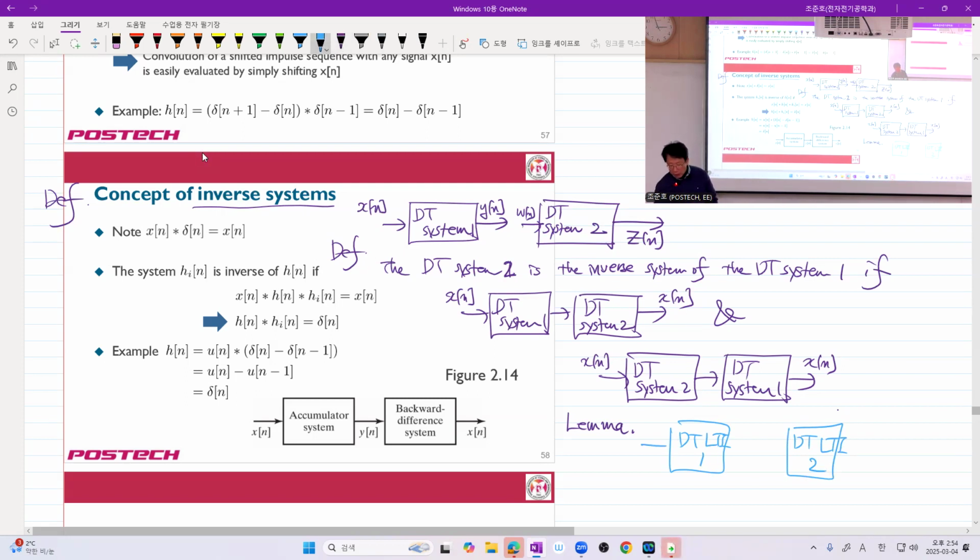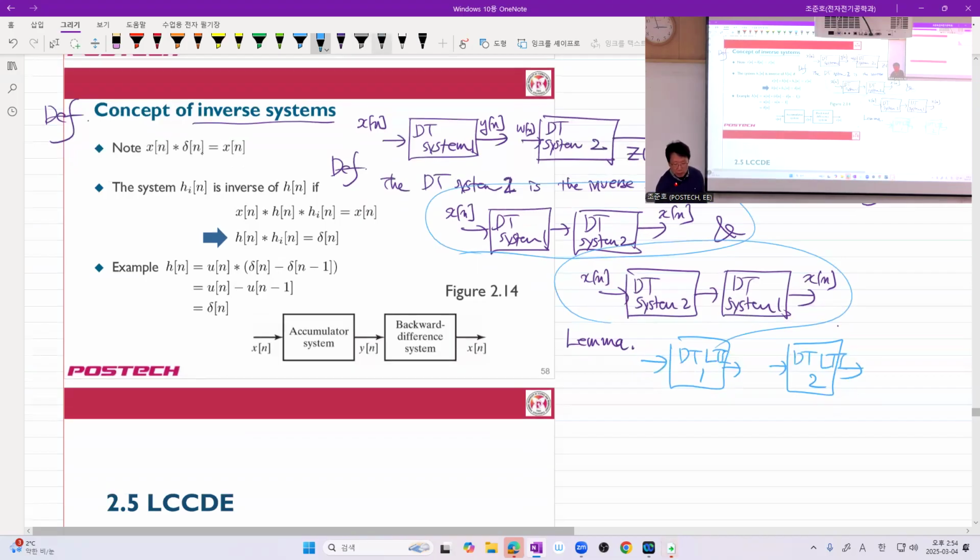Anybody, what would be the condition for this system to be the inverse system of that one? If we just use the definition, the cascade of these two must be an identity system.